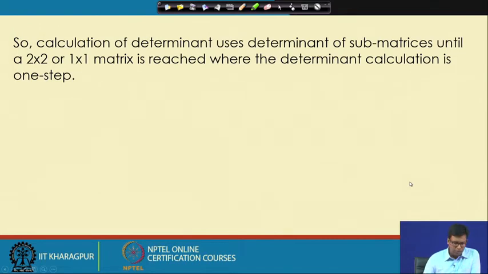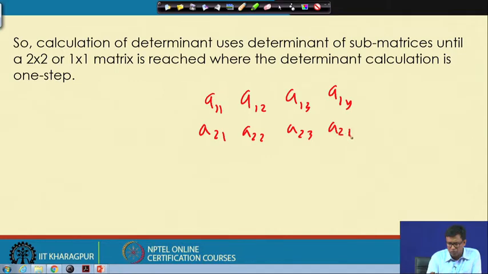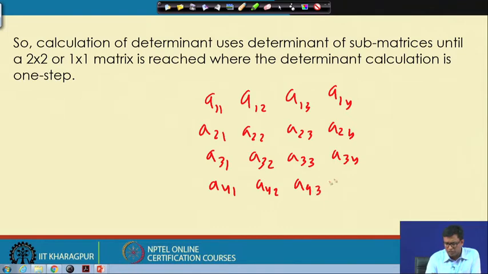Now, if we think of calculation of determinant, it needs calculation of further determinants. For example, the earlier example that we have given: A11, A12, A13, A14, A21, A22, A23, A24, A31, A32, A33, A34, A41, A42, A43, A44.